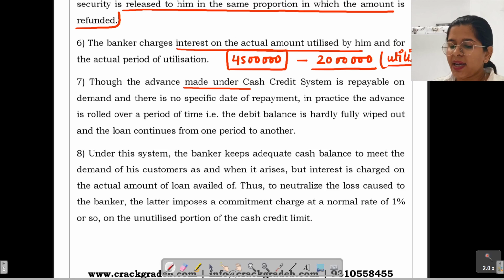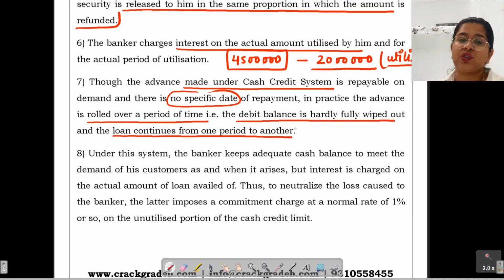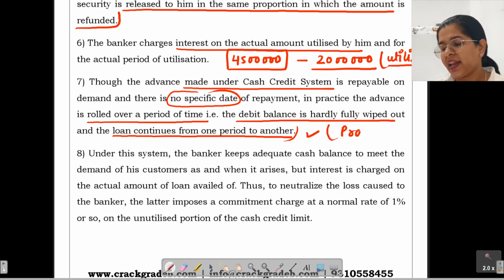Though the advances made under the cash credit system is repayable on demand and there is no specific date of repayment, ठीक है. In practice, the advance is rolled over a period of time. That is, debit balance is hardly fully wiped out and the loan continues from one period to the another. So this is what in practical scenario happens.